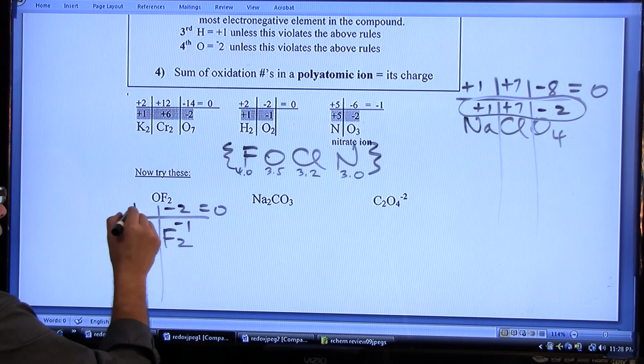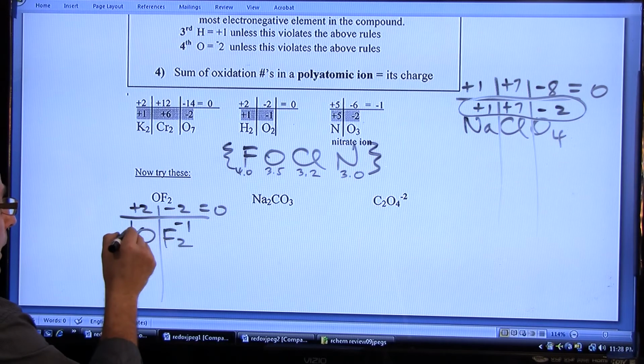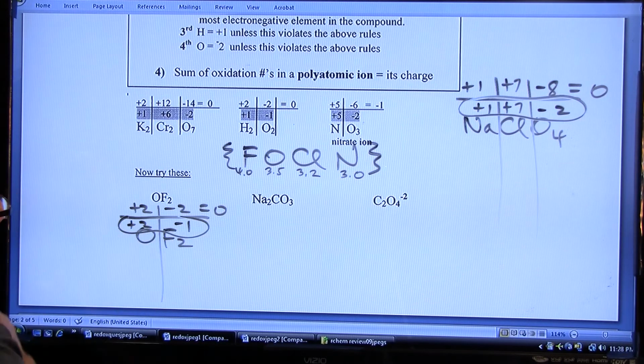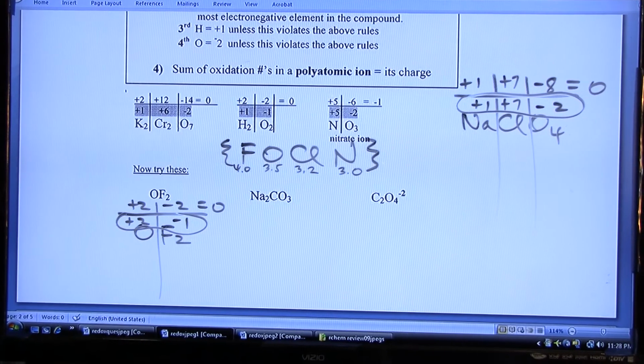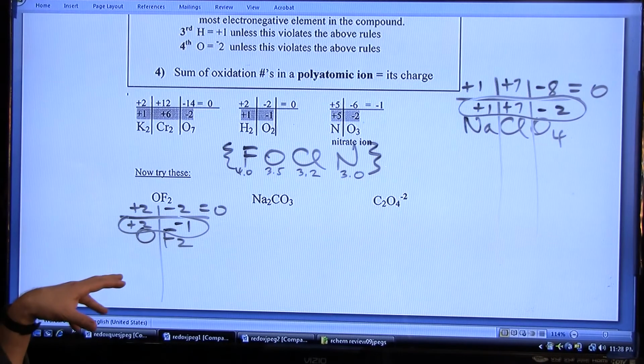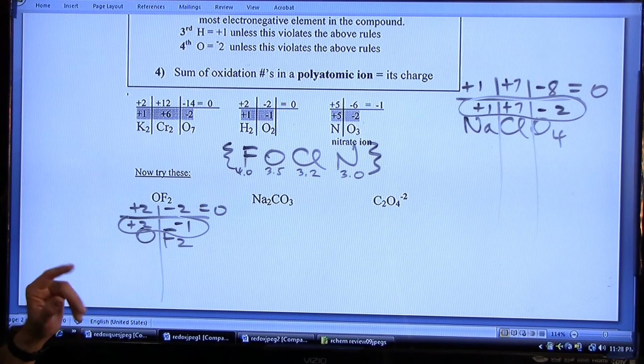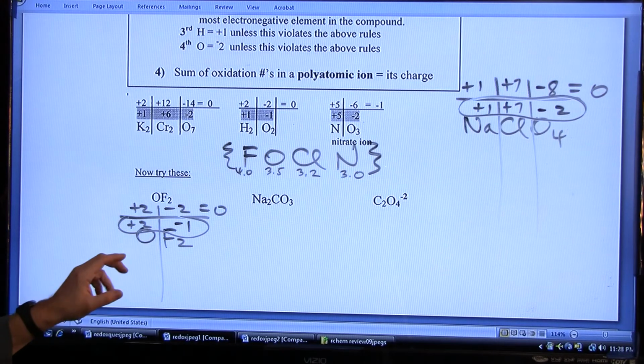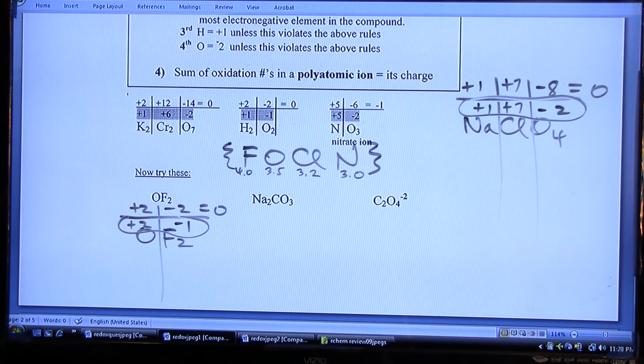And so we're going to need a +2 here for the oxygen, and there's only one oxygen. So that gives you a +2. Now, if you look up oxygen in your periodic table, you'll see that its most common oxidation state is -2. But using this system, you'll get the rare example here of OF2, where oxygen is +2.